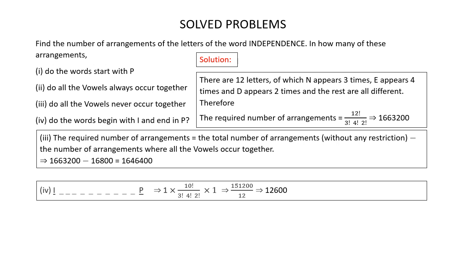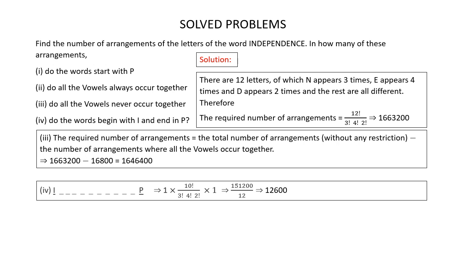Now you know that the number of arrangements is equal to overall factorial divided by the product of the repeat factorials. Now, since there are 10 remaining letters, the overall factorial is 10 factorial.